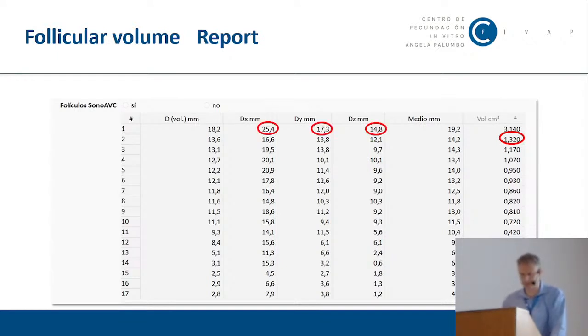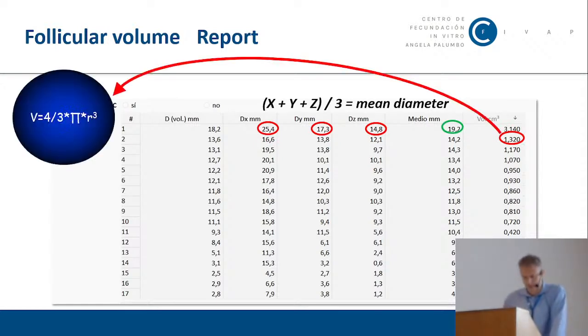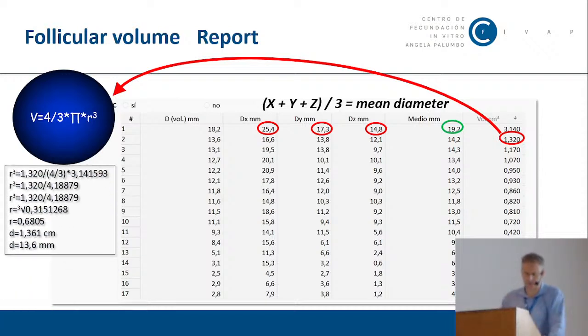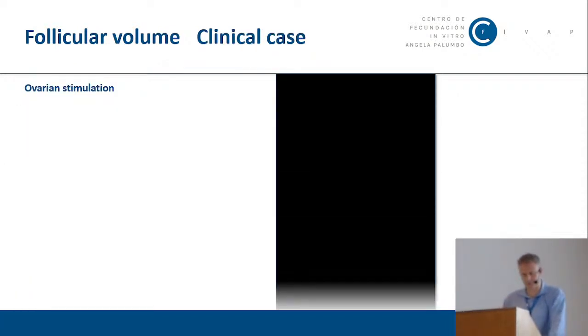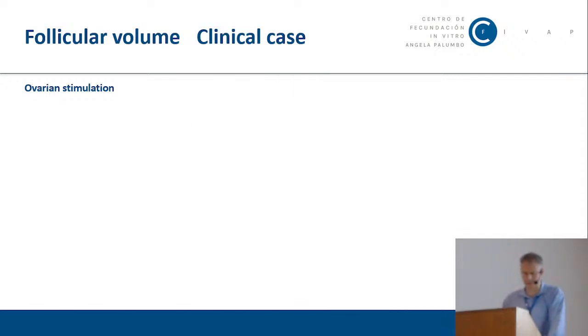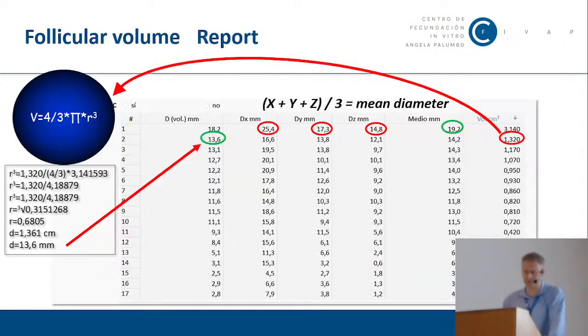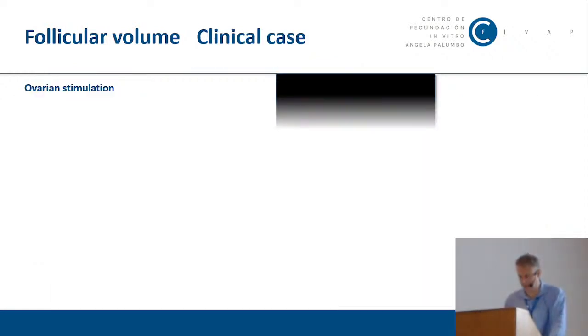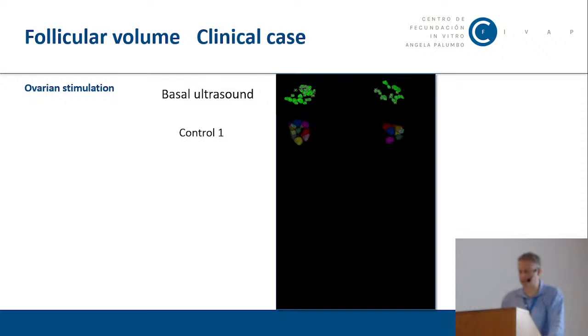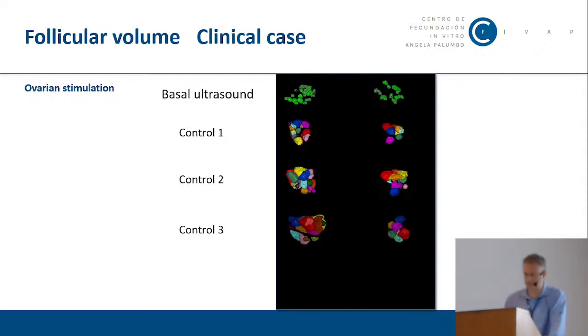This is the diameter of each follicle, the mean of 3 diameters, and this diameter that we normally use, Mortinger used to calculate the volume, the diameter of the sphere, using the volume of the follicle. During stimulation, we can take data and analyze the growth of the follicle.